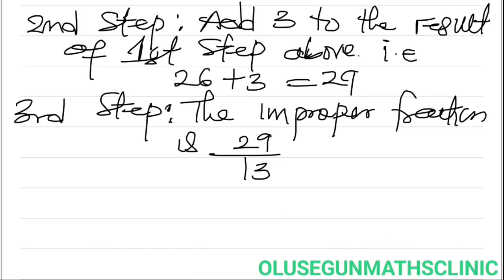The second step, add 3, the numerator, to the result of the last step above. That is to say, 26 plus 3 is equal to 29. So the third step, the improper fraction is 29 over 13. So that is just the basic steps of converting mixed and improper fractions.